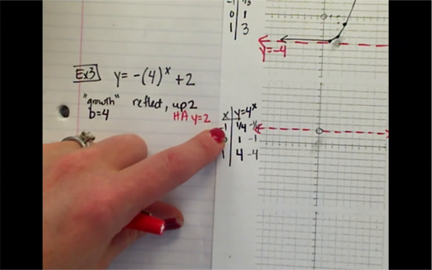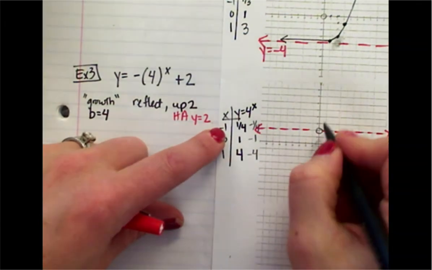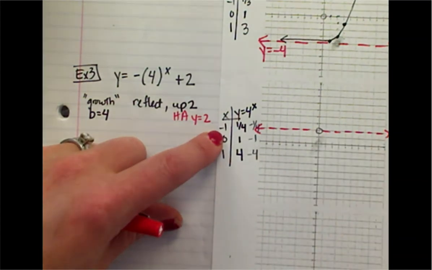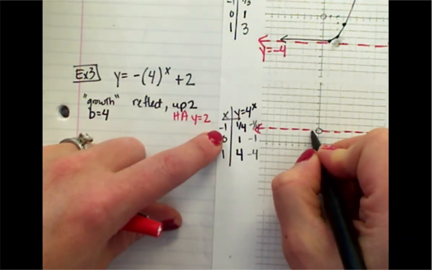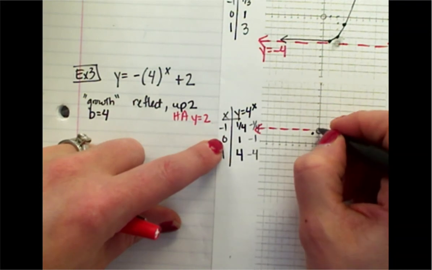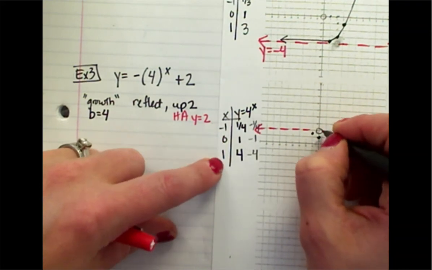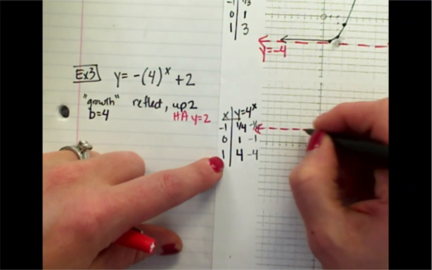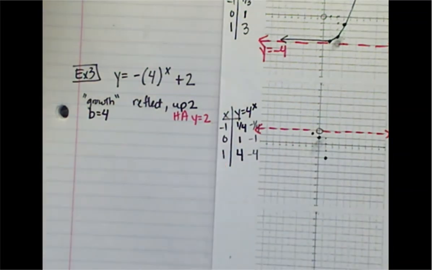Good question. Let's graph it and then we'll answer it. Yes. Left 1, down 1/4. 0, down 1. Over 1, down 4. 1, 2, 3, 4. Okay. Which point is closer to the asymptote?